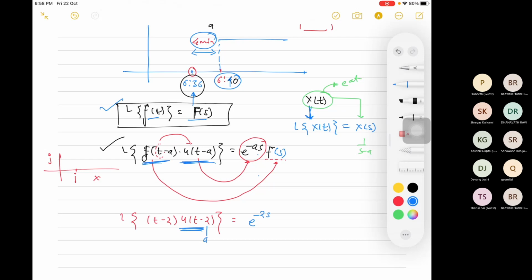And what is the Laplace of f of t? Now you just remove the shift because you already considered the time. What is the Laplace transform of t? It is 1 divided by s square, right? So your total answer is e power minus 2s times 1 divided by s square.